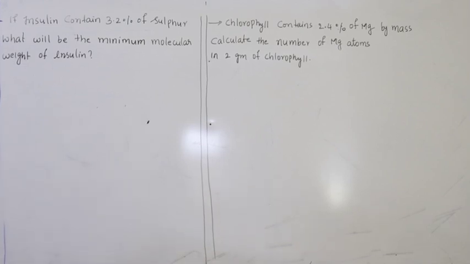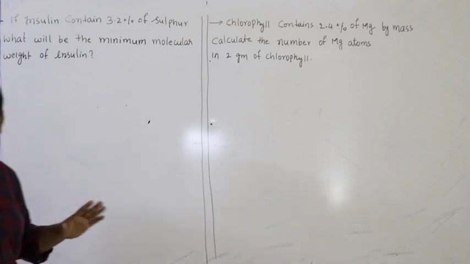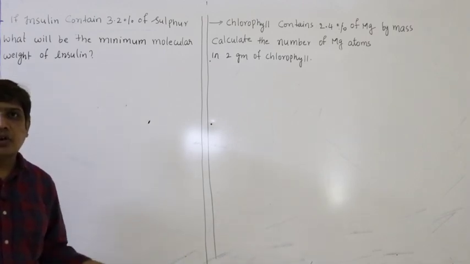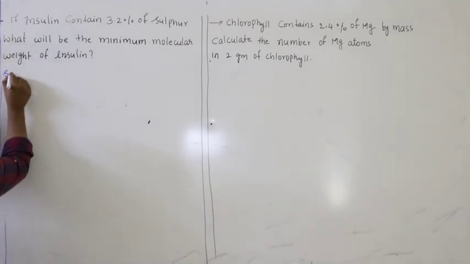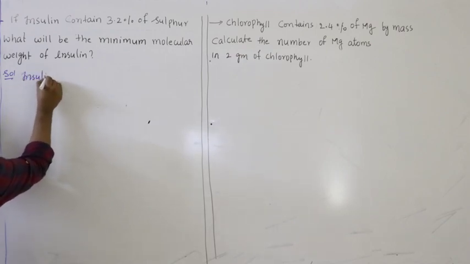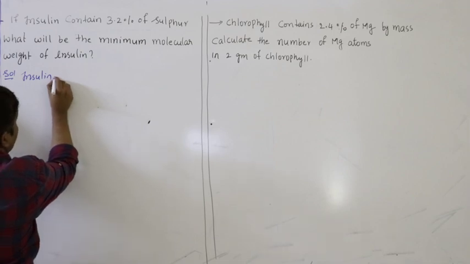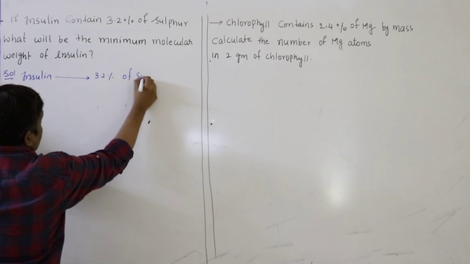Next problem. If insulin is a molecule, contains 3.2% of sulfur, what will be the minimum molecular weight of insulin? So it is a similar problem to the one which you have just done. Right. Anyway, let us proceed. So here insulin contains 3.2% of sulfur.